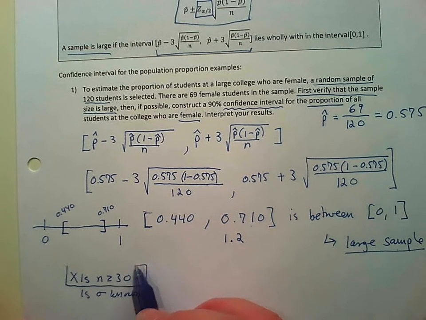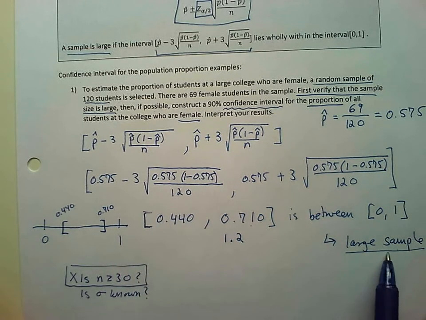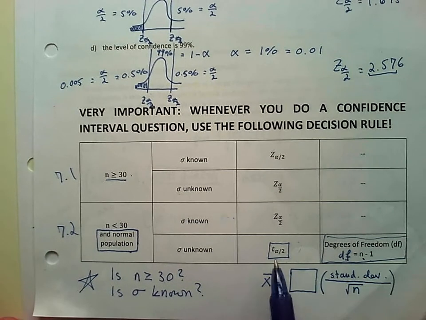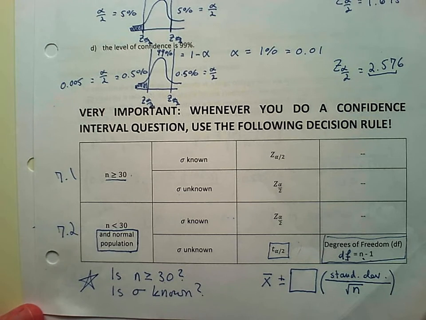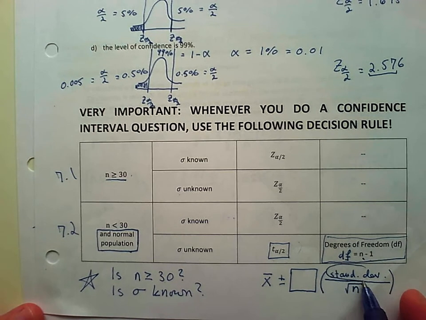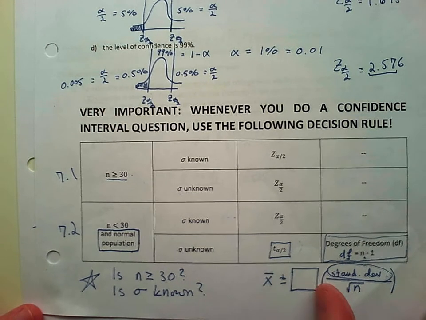The way that we're really asking this first question right here is by calculating out this interval to see whether or not our sample size is large. The second question right here, is sigma known, did 2 things. The first thing it did again was help us determine whether or not we were going to be down here in this box. But the second thing it did was tell us what we were going to use up here in our numerator.